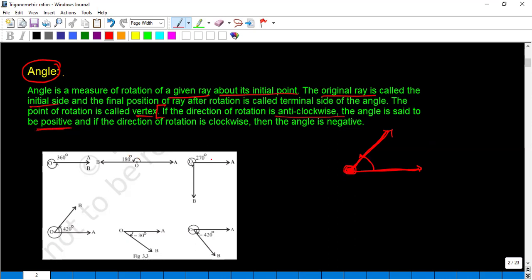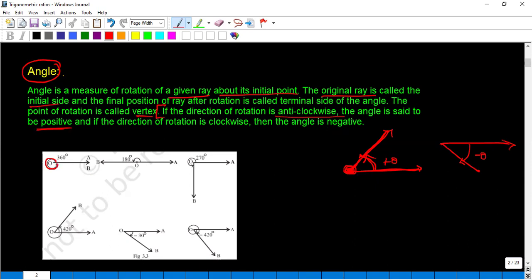If you are taking it in the clockwise direction, you need to take the angle as negative. Here you are turning anti-clockwise, so this is positive theta. Suppose you turn it down in a clockwise direction, here you will take the angle as minus theta.